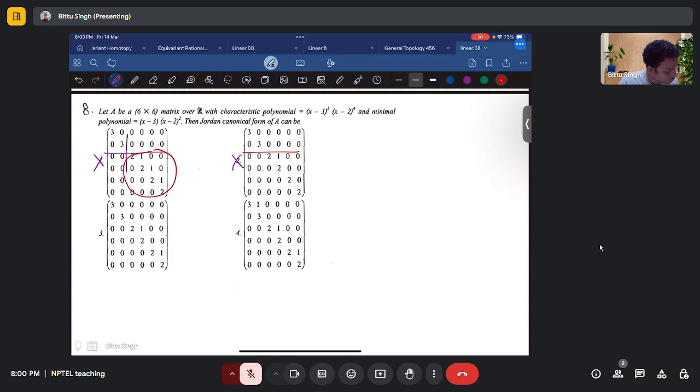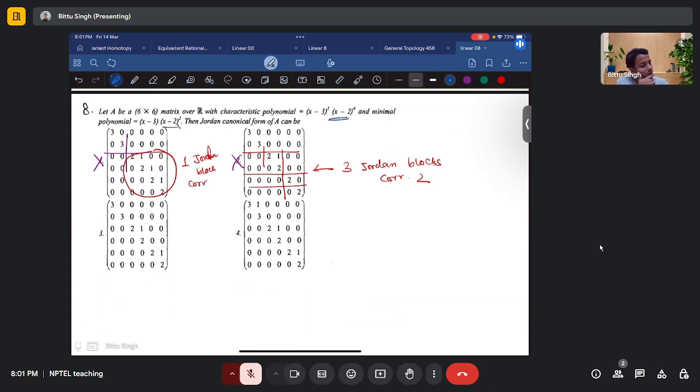There are 3 Jordan blocks corresponding to 2. And similarly, 1 Jordan block corresponding to 2.